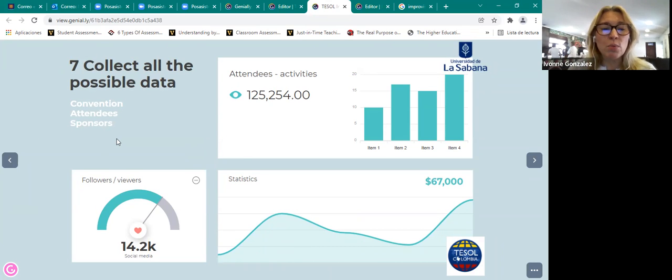Because only when you know what has happened in the previous conventions, how many attendees you have had, who they are, where they come from, what countries they visit you from, who your sponsors are, etc., you will be able to set the correct messages for your website, for social media, etc. So data is gold nowadays. It is the only way to make good decisions.